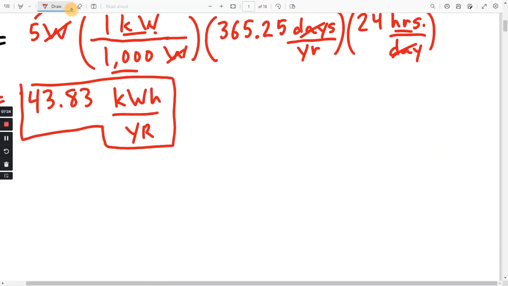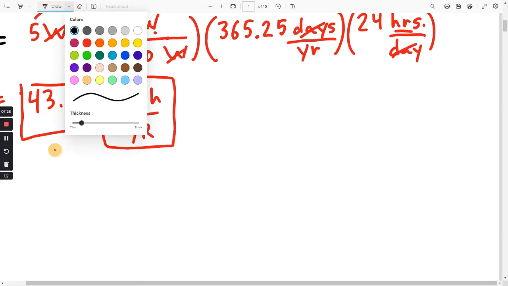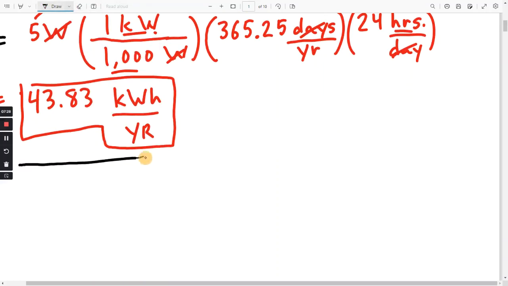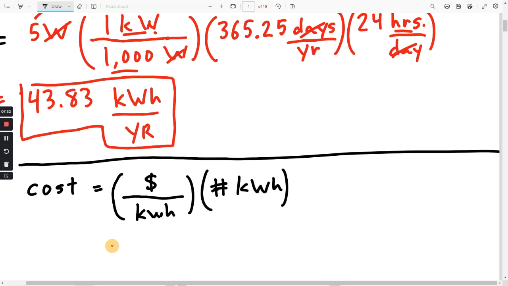So now we can calculate the price. The total cost is going to be the price per kilowatt hour times the number of kilowatt hours. The reason I knew how to set this up is because the kilowatt hours will cancel in the numerator and denominator, and we'll just be left with the price.